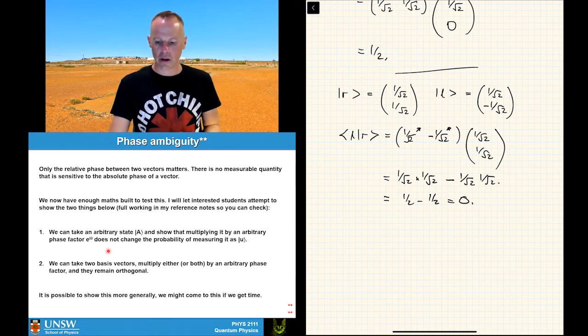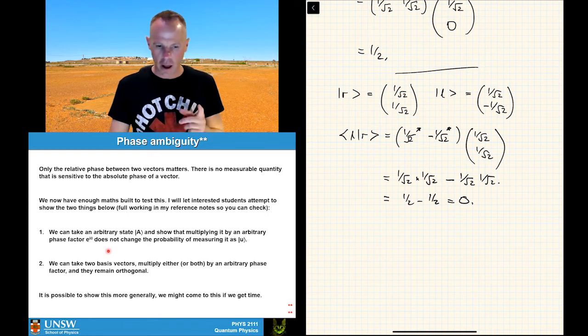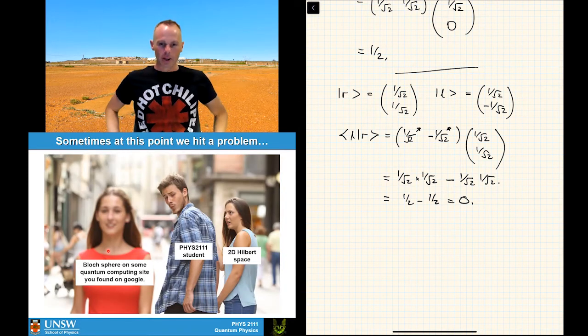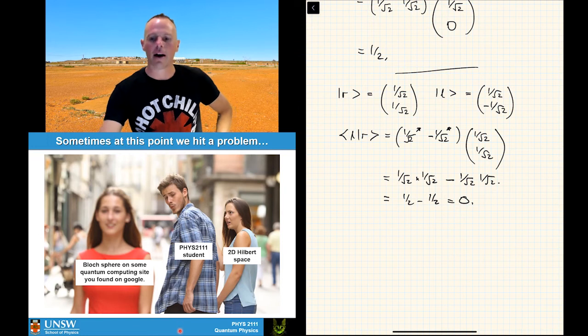The second point I want to come back to is more of a warning about some of the trouble that you can get into at around about this time in a quantum mechanics course like this. And it's basically a problem that looks a little bit like this.